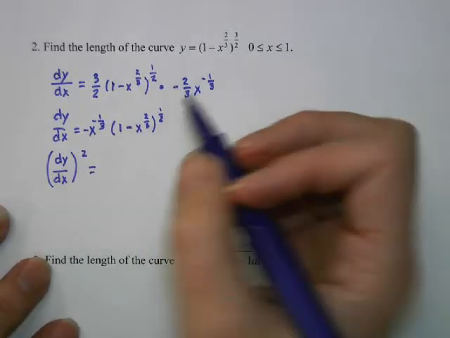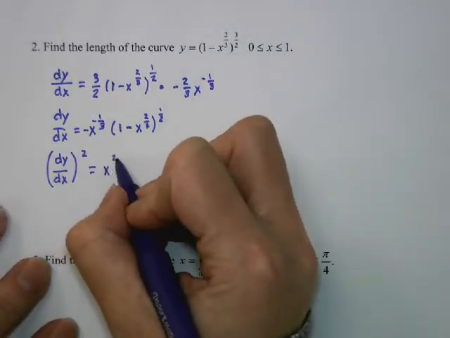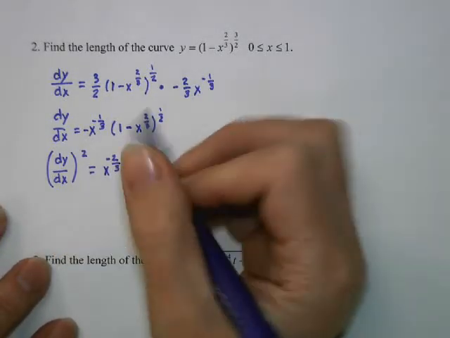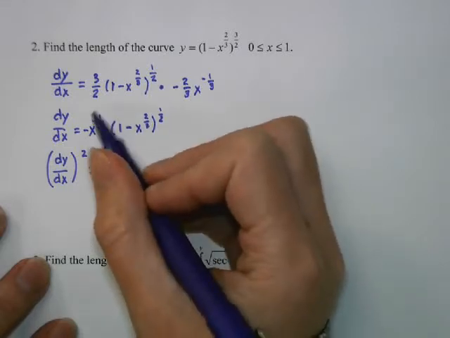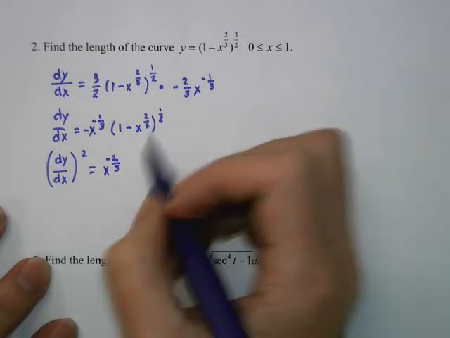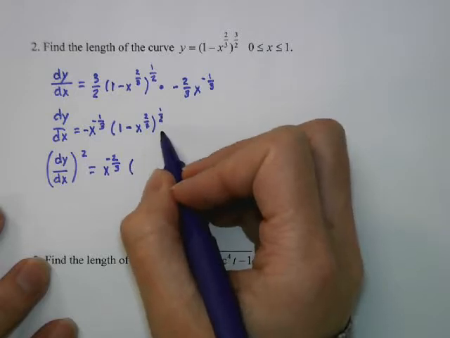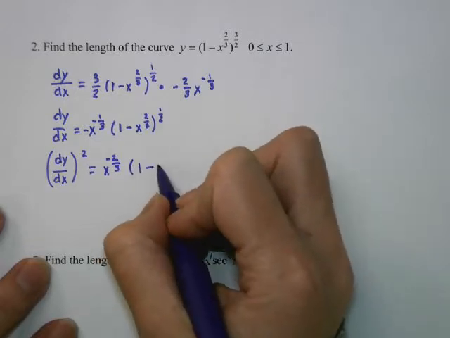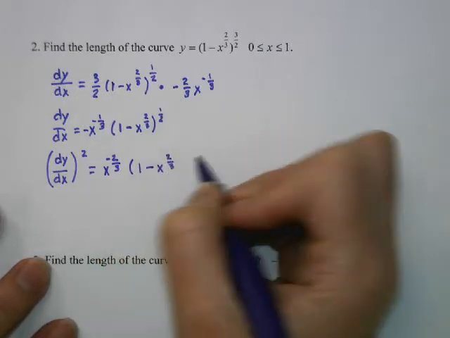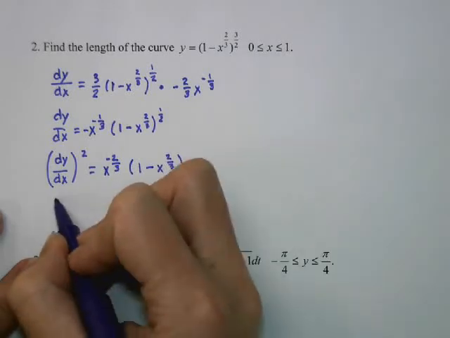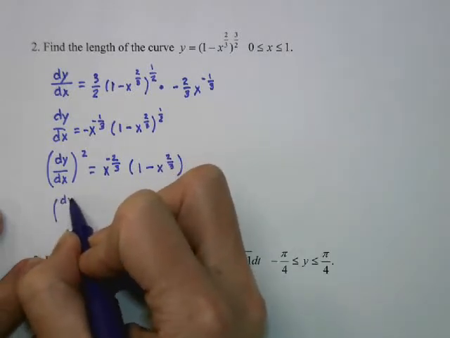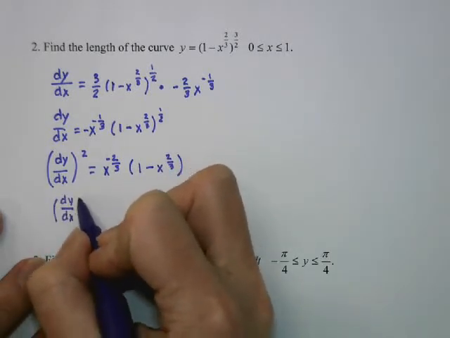Okay, so we'll clean it up and then we'll put it in the formula. So I can distribute this through, so that's going to be x to the negative 2/3, minus, if I have x to the negative 2/3 times x to the positive 2/3, if I add those exponents together, we get 0, and anything to the 0 is 1.